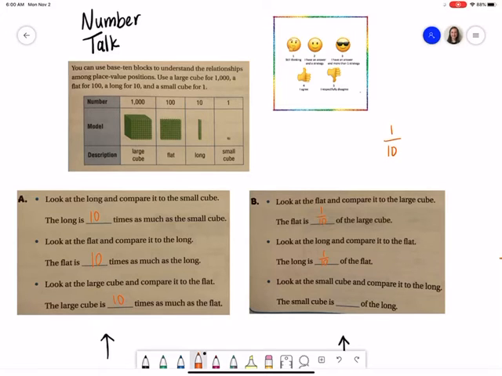So the long is 1/10 of the flat. Last one. Look at the small cube and compare it to the long. The small cube is blank of the long. Again, it is 1/10 because it takes 10 small cubes to create a long, and we just have one.